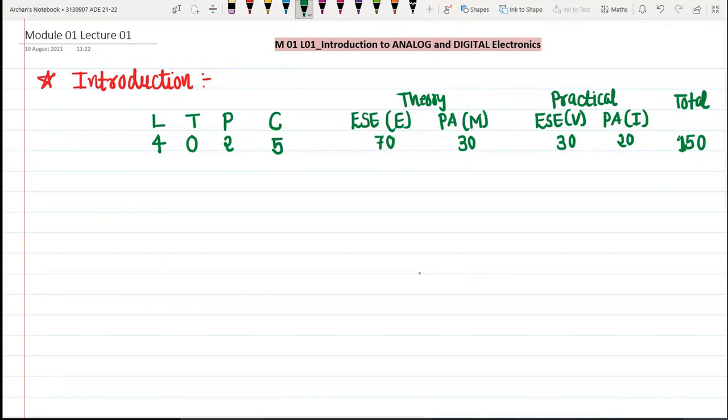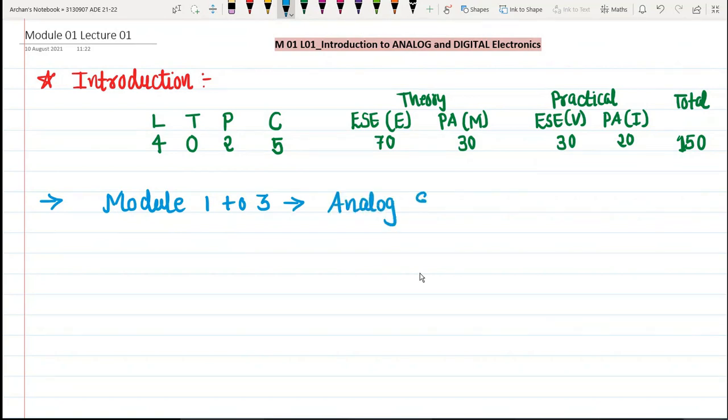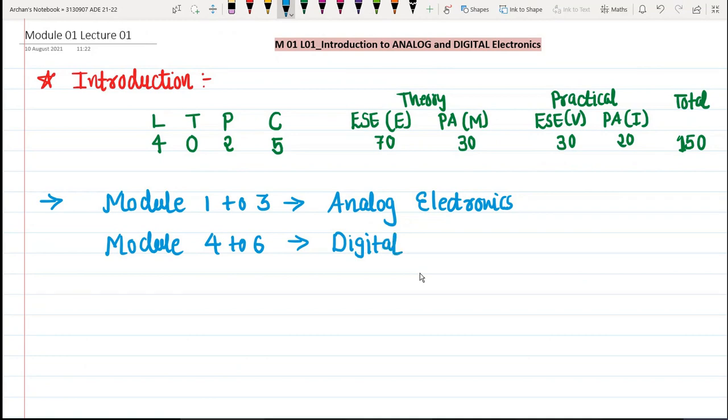In modules 1 to 3 we will study the concepts related to analog electronics, and in the remaining modules, 4 to 6, we will study the concepts and circuits related to digital electronics.